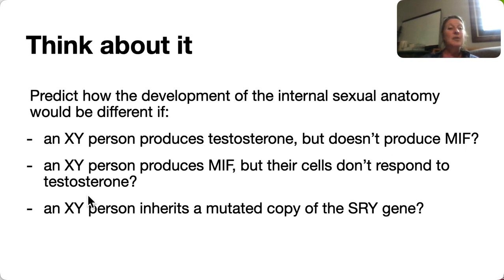And then see if you can figure out what would happen if we have an XY person that produces Mullerian inhibiting factor and testosterone, but their cells don't respond to testosterone, which is kind of like not having testosterone at all. Or what happens when an XY person inherits a mutated, non-functioning copy of the SRY gene? All of these things happen.